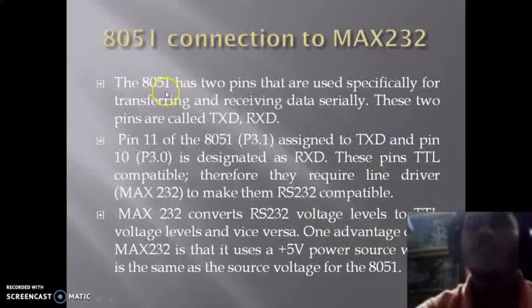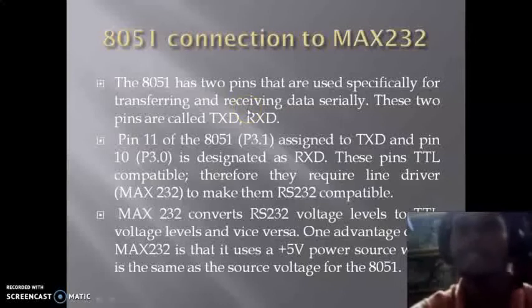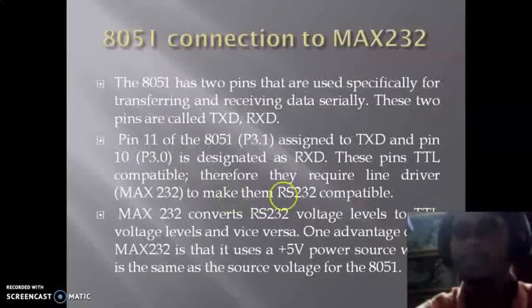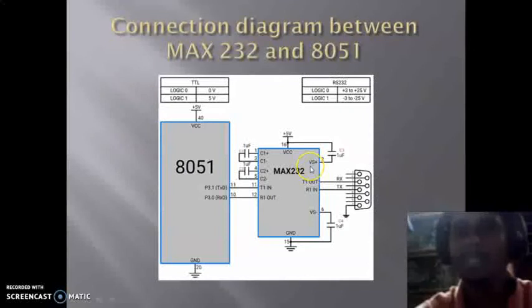The 8051 has two pins that are used specifically for transmitting and receiving data serially, that is P3.1 TXD and P3.0 RXD. Pin 11 of the 8051 microcontroller, that is P3.1, is assigned to TXD, and P3.0 is designated as RXD, as I already discussed.